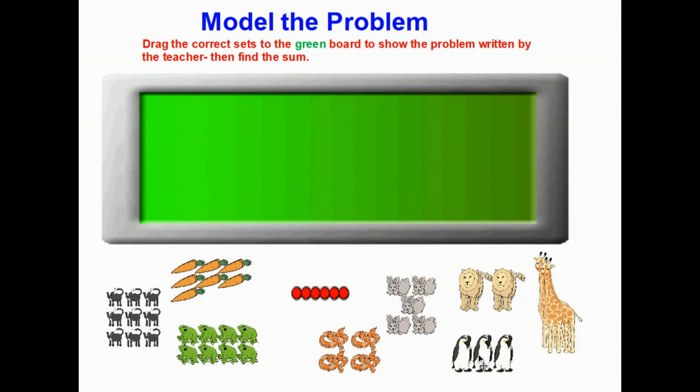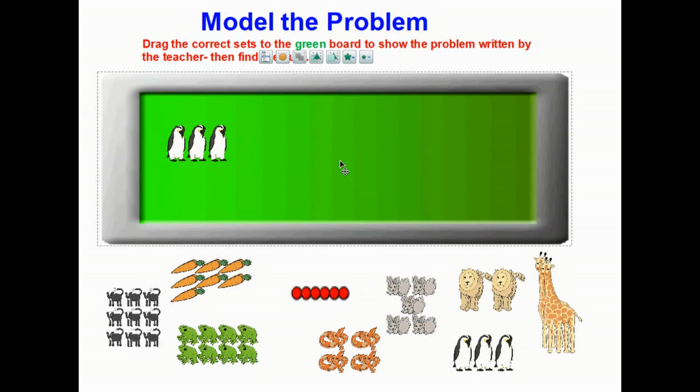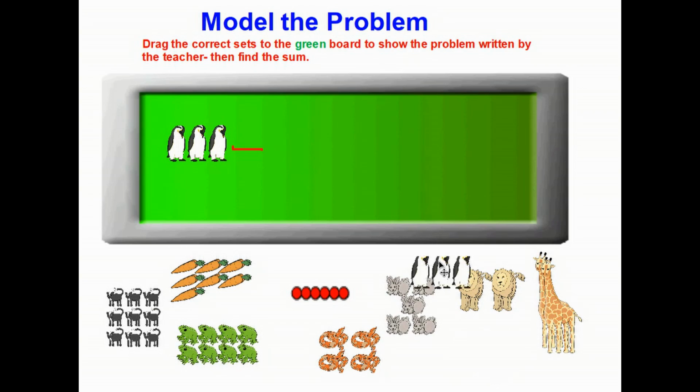If there are, let's say, 3, and you subtract 3, what is the result? 3 minus 3 will be 0.